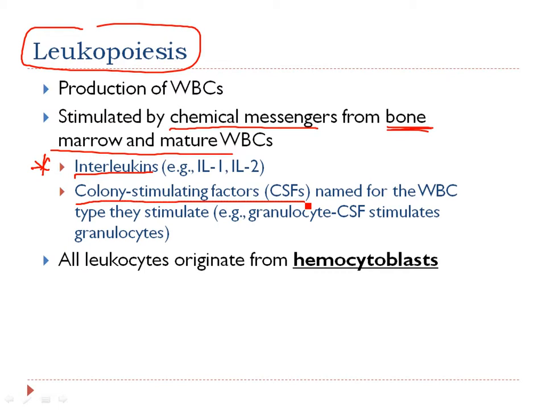Some will stimulate production of more neutrophils. Some will stimulate the production of more eosinophils. Some will trigger lymphocytes to divide so that you have more of those, depending on what your needs are. We're not going to go into the gory details of how all that happens. We'll talk a little more about some of that when we discuss the immune system, and you'll learn more about it in microbiology as well.